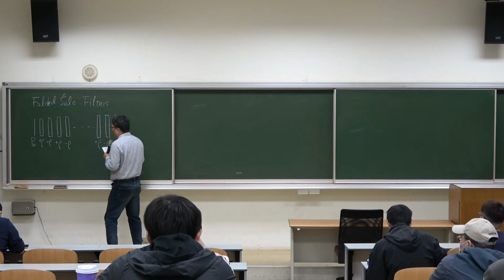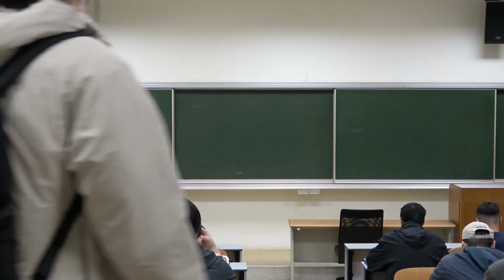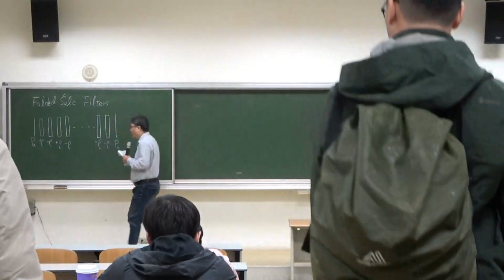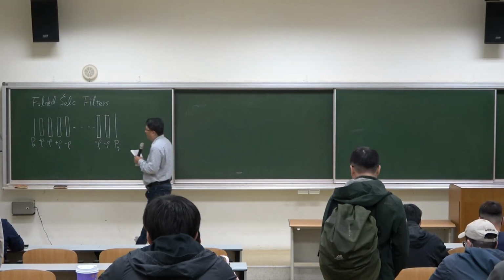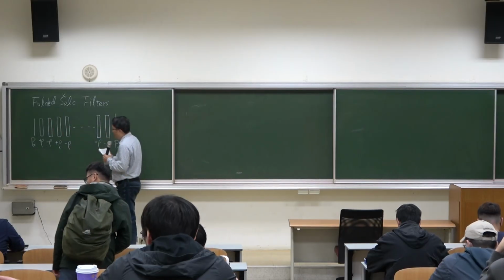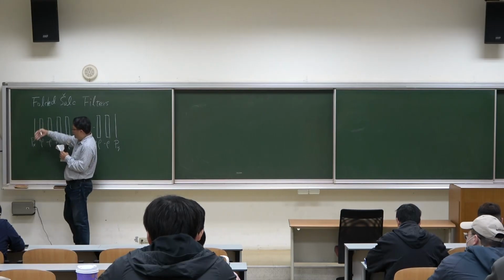consisted of one polarizer, one analyzer, and a lot of wave plates in between. Okay, the wave plates are arranged like this. The first one, the orientation is positive rho.